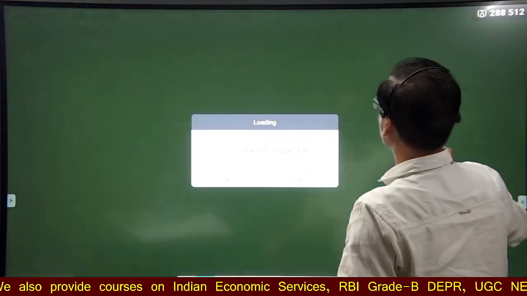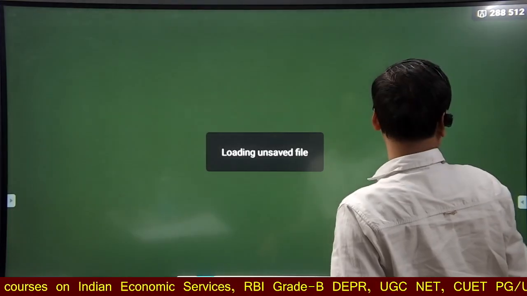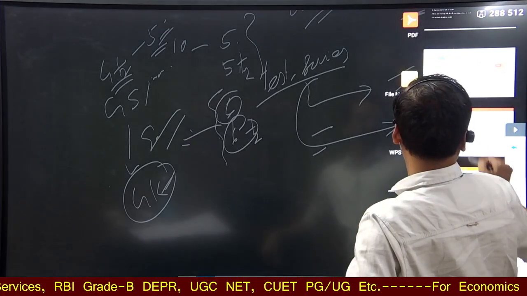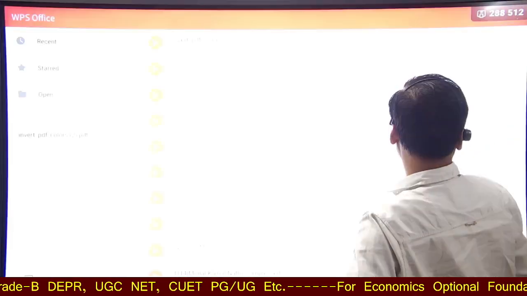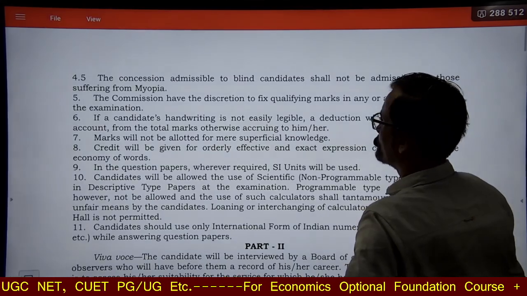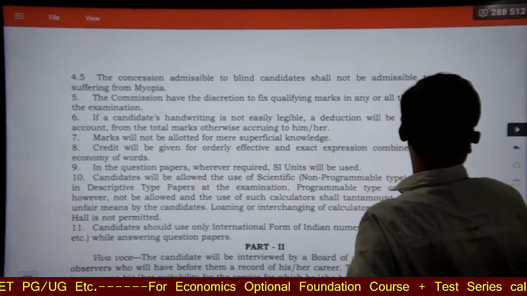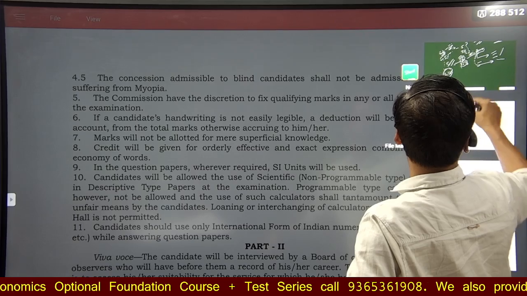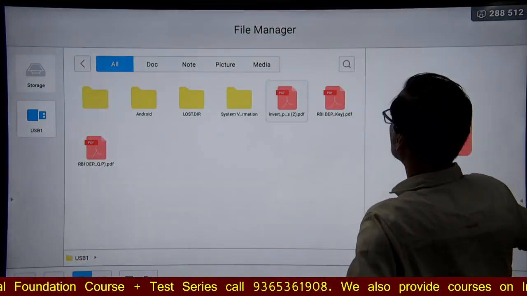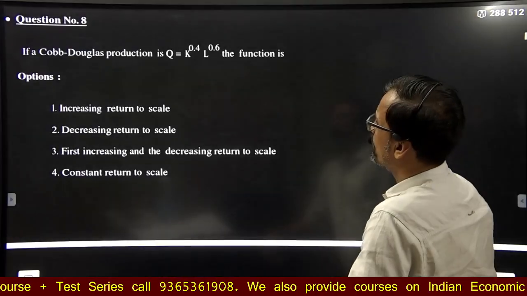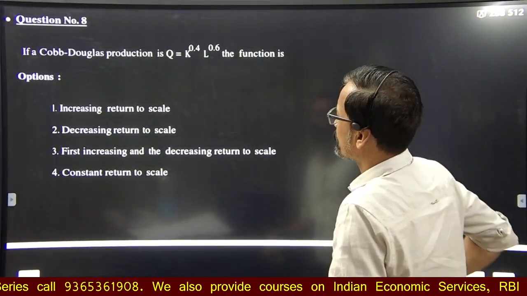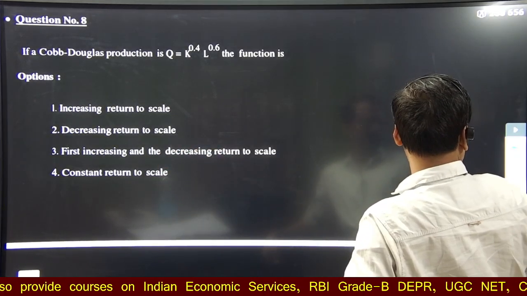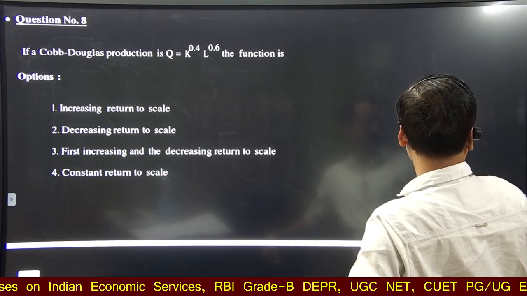How can we determine this? We can determine whether it is increasing, decreasing or constant.